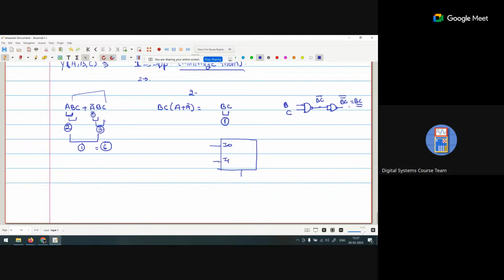The first thing is to remember the equation of Y. Y is I naught s bar plus I1 s. Second, if I want to use this as an inverter, then if I use A, Y becomes A bar. Yes, sir, can I compare this equation with this one?